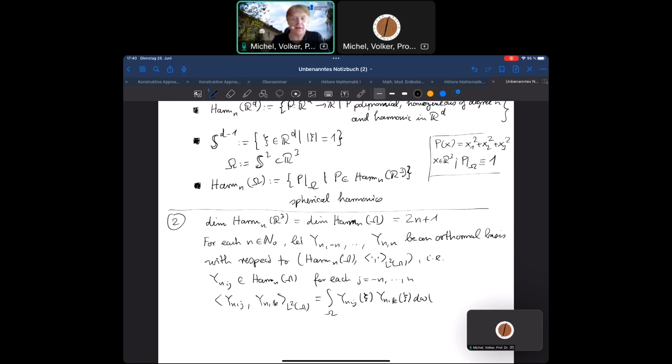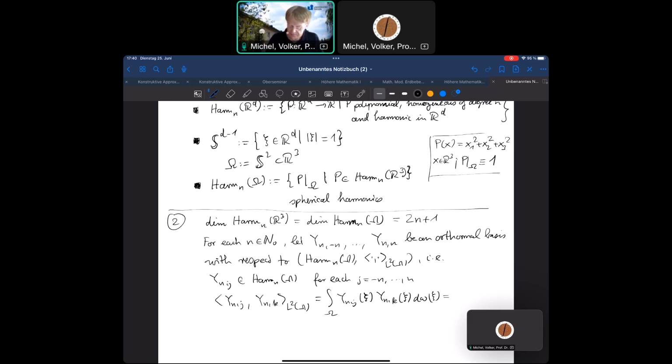I will write the lowercase omega. I know that there are many different notations for that in literature. The requirement is that they're also orthonormal with respect to this inner product, which means if you have different functions, so if j is not k, then you must get 0, so they must be orthogonal to each other. But if it's the same function, so the inner product with itself, if j equals k, you need to get 1. That's why it's orthonormal.